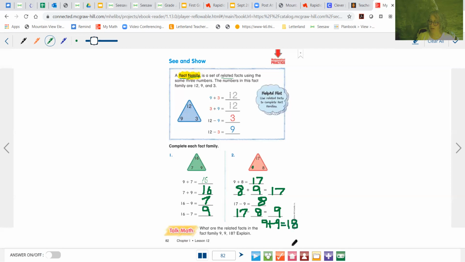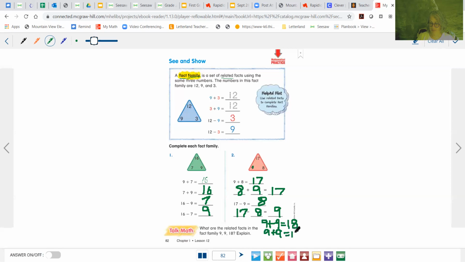What would be the other addition sentence? It would be adding this number first plus this number second to equal 18. But since they're the same number, that's all we have in that, isn't it? You could write it again, but you don't have to. It would be 9 plus 9 again, but this time it would be that 9 in front and this 9 second.